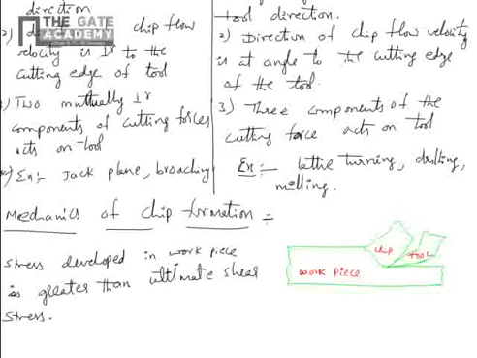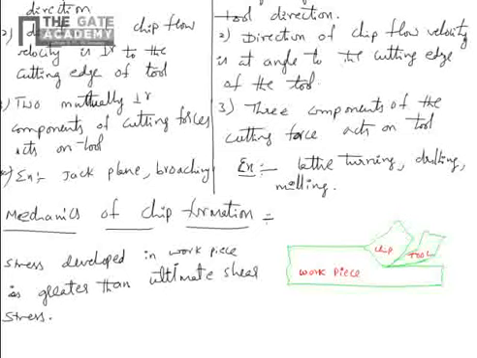Here we are breaking the material, so the stress has to be greater than the ultimate shear stress. The shearing starts at the tip of the tool and propagates towards the surface of the workpiece, producing a chip during machining. Layer by layer, it removes the material from the workpiece.